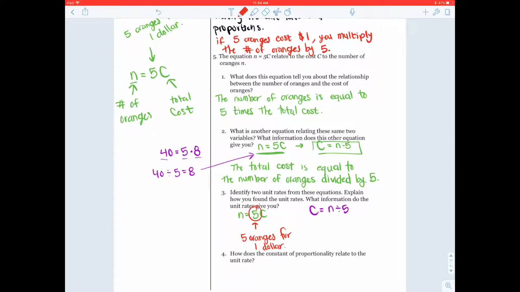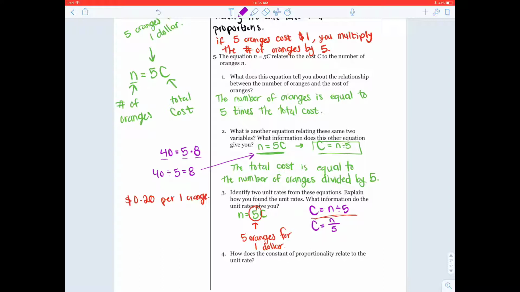How are we going to get the second unit rate from c equals n divided by 5? First, let's write the other unit rate that we need. The other unit rate was 20 cents per 1 orange. We're going to mess around with this second equation. You should be okay with me rewriting this as c equals n over 5. Even though it's in fraction form now, I still read it as n divided by 5.